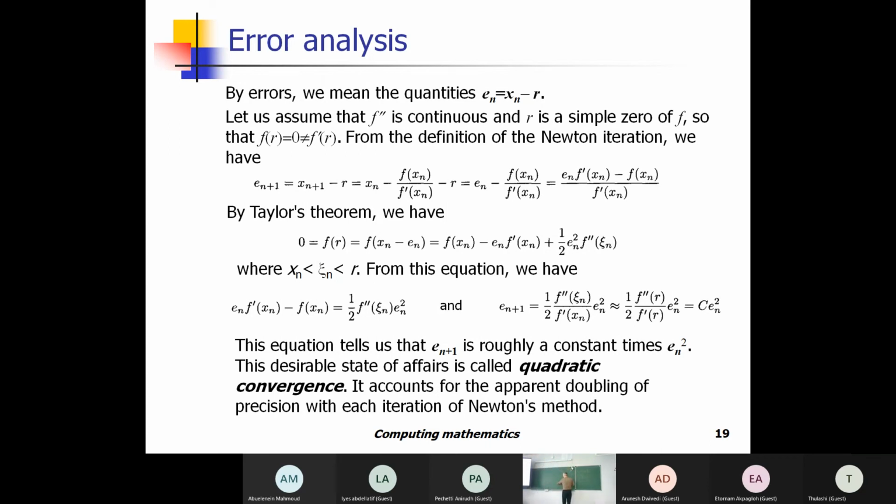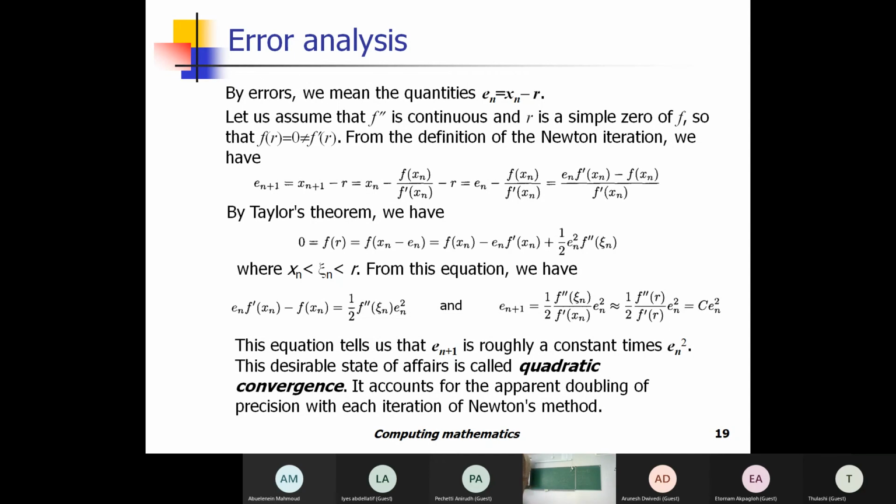The next error equals the current error squared. If I have at the current step error 10 power minus 1, next step 10 power minus 2, next step 10 power minus 4, next step 10 power minus 8, next 10 power minus 16.